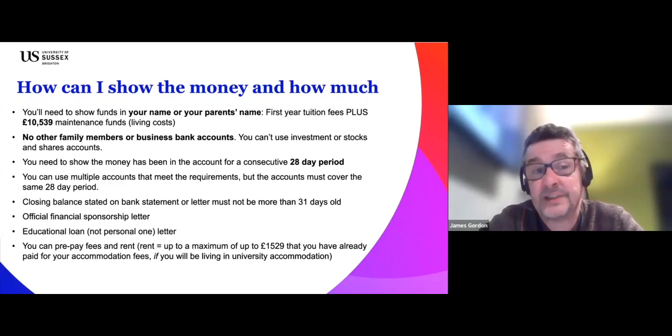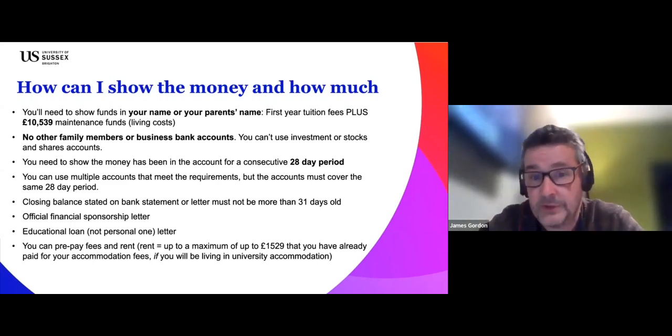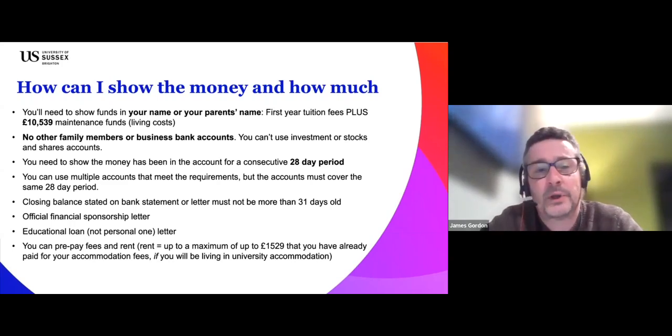And that amount is £10,539. That amount will be the same for all of you because you will all be coming to study a course of longer than 9 months. So you are all going to need to show evidence of your first year tuition fee plus £10,539.